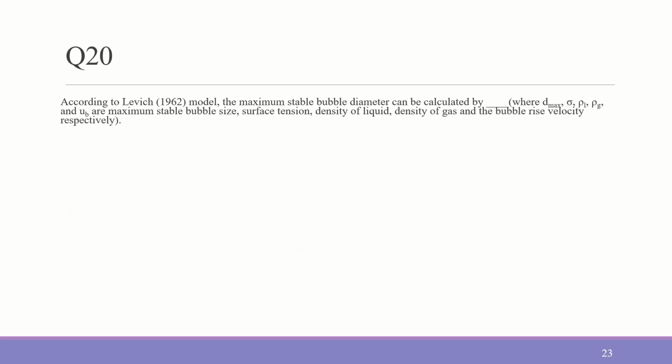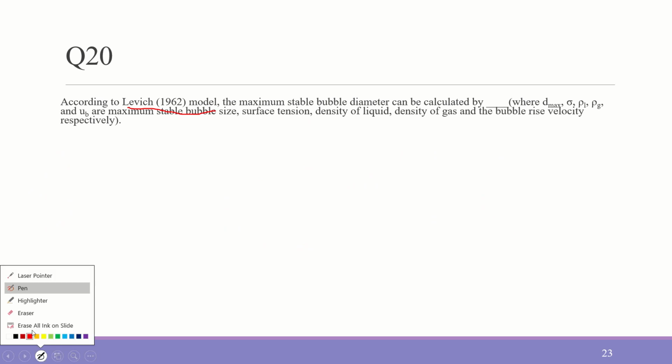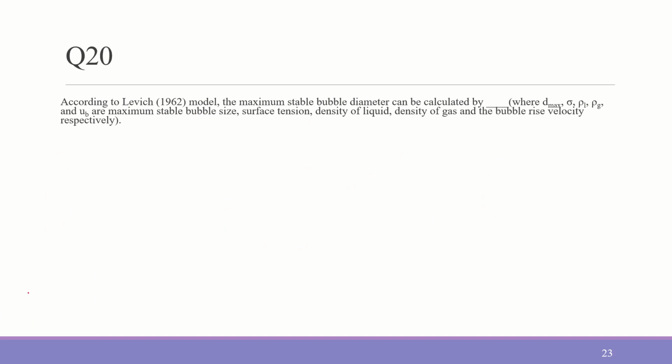Now if we look at question 20, according to the Levich 1962 model, the maximum stable bubble diameter can be calculated by dash, where d max is the maximum stable bubble size, sigma is surface tension, rho L is liquid density, rho G is the gas density, and UB is bubble rise velocity.